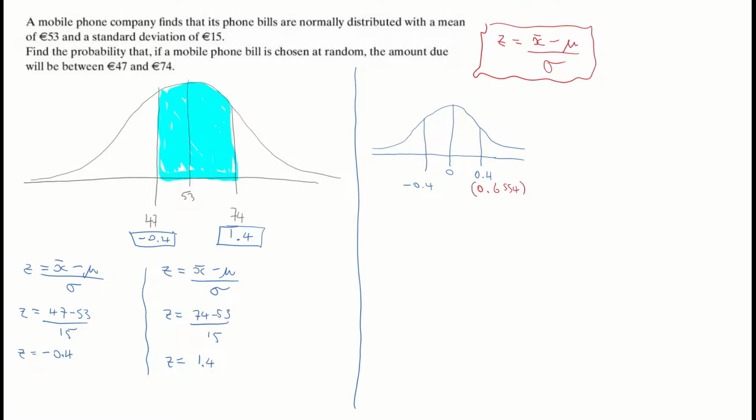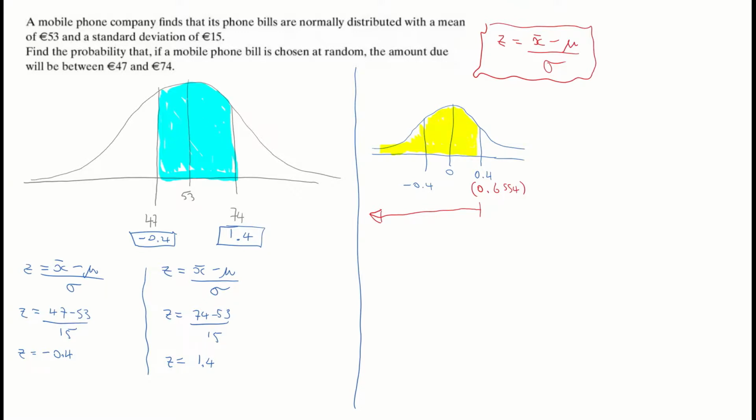If you go to 0.4 as a z-score in your log tables, it will find 0.6554. Now remember that we always read these from right to left. So that's giving me that region there.